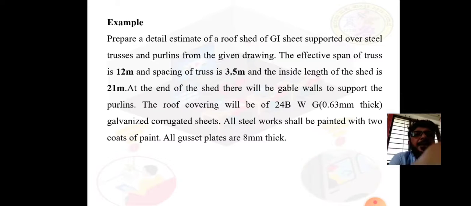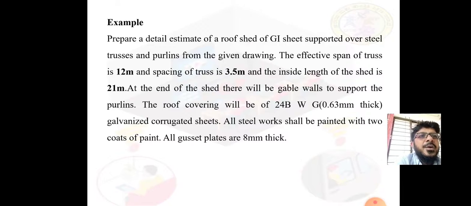I'll read this. Prepare a detailed estimate of a roof shed of GI sheet supported over steel trusses and purlins from the given drawings. The effective span of the truss is 12 meter, the spacing of the truss is 3.5 meter, and the inside length of the shed is 21 meter.